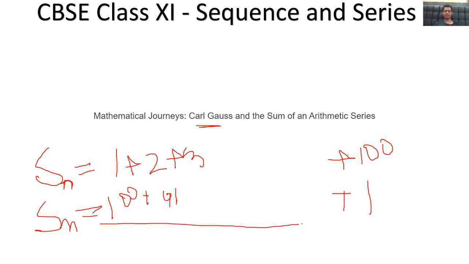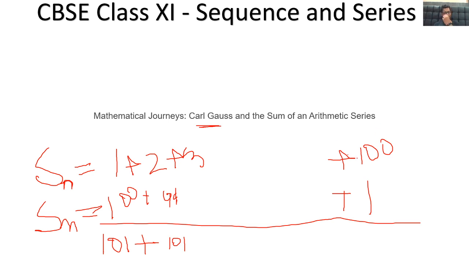He added both the lines, and he got 101 for each of the figures. That is, 100 plus 1 is 101, 99 plus 2 is 101.